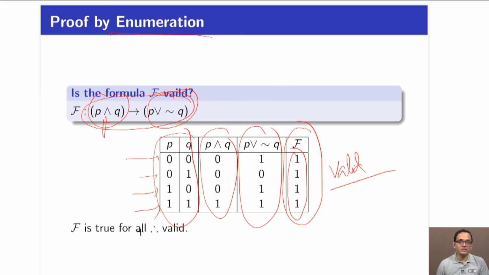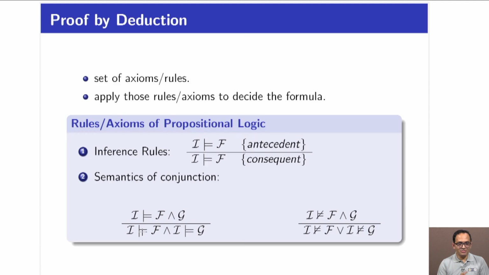So we try to develop a better algorithm, which is proof by deduction. As I mentioned in the previous class, deduction is based on certain axioms or inference rules. There are certain rules which are true in propositional logic, and they are quite easy to understand. We write those inference rules in the form of antecedent and consequent.